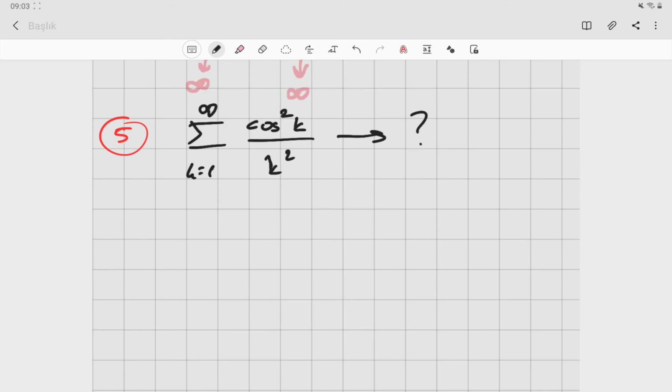Similar to the previous example, we use both comparison test and the harmonic series test. For any k, we have this inequality.